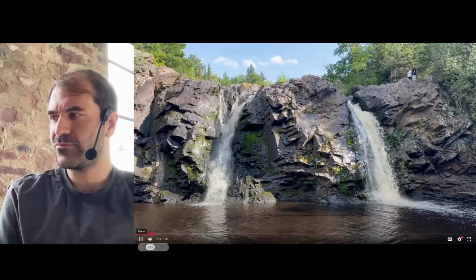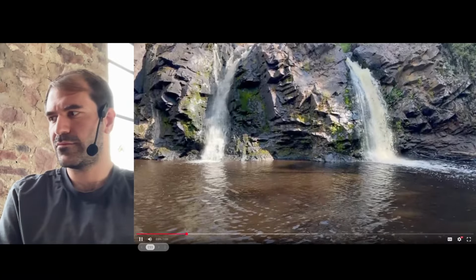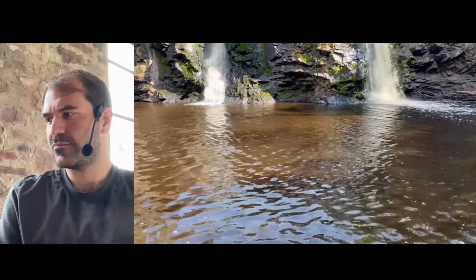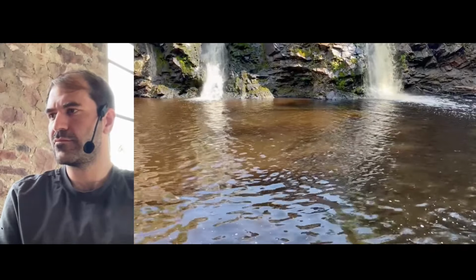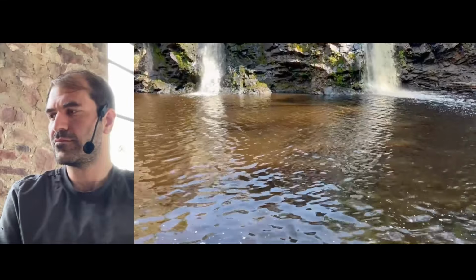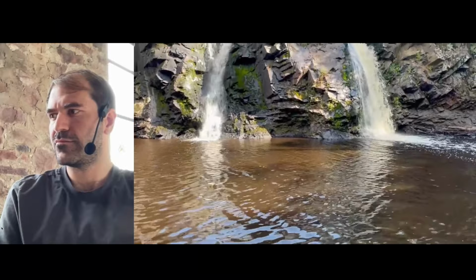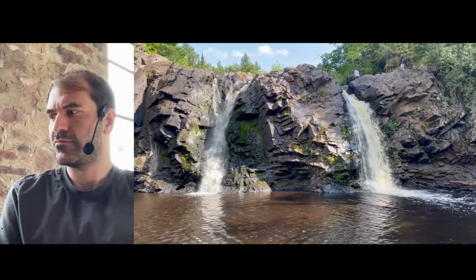Double slit experiment falls. Pattison State Park, Wisconsin. Look at that interference pattern right there. So that's gravity and light out of your two eyeballs.